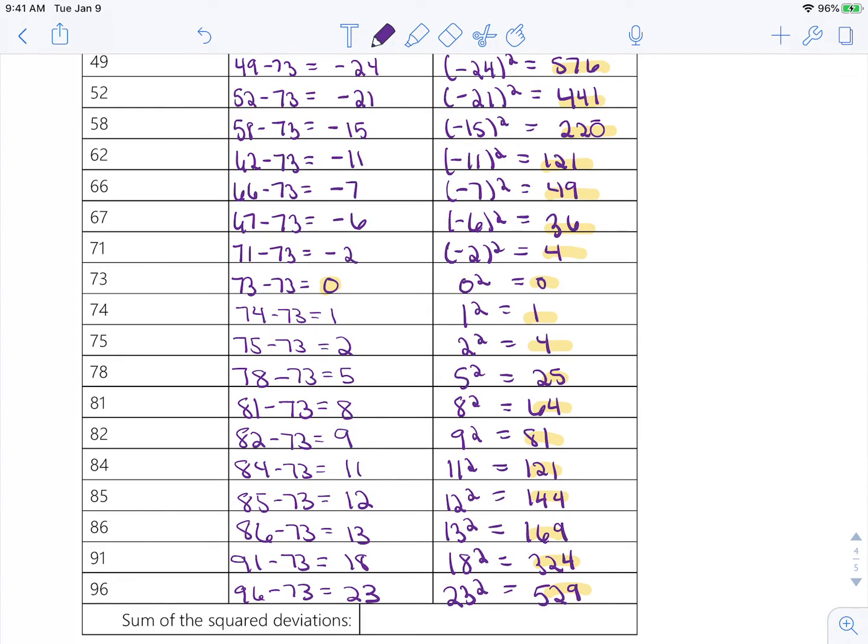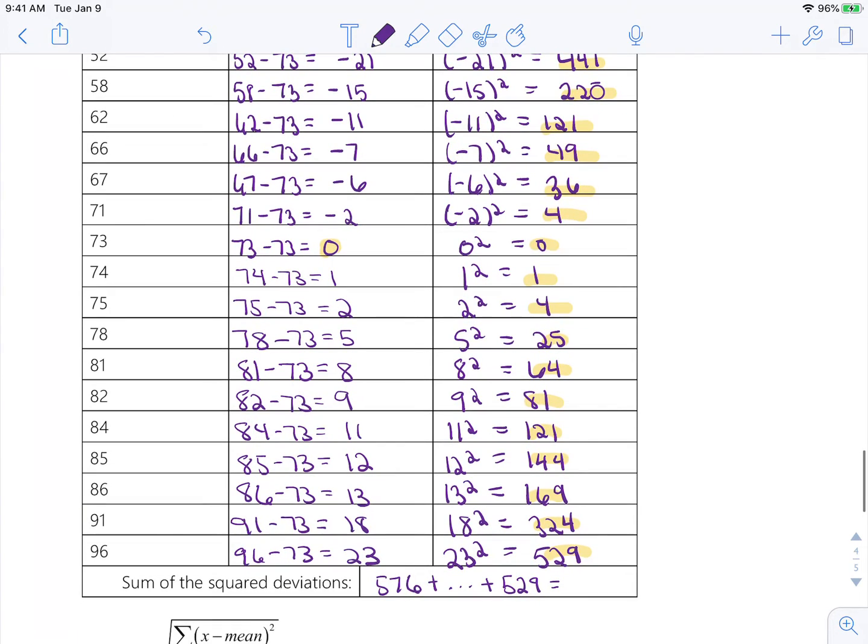I'm going to put in our notes so we know where this is coming from. We're doing 576 plus all the way up to that last one, 529. You can use a calculator or Excel or Google Sheets. But to save us time, I don't think I need to show you how to do that on a calculator. We get 3,490.